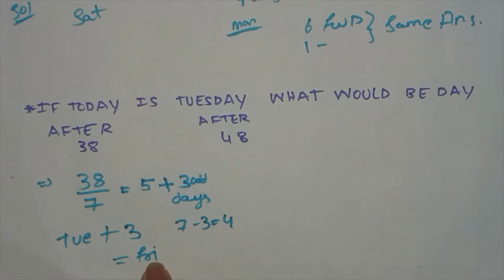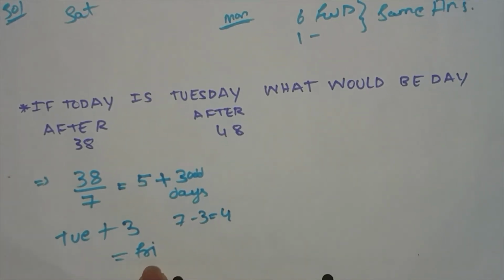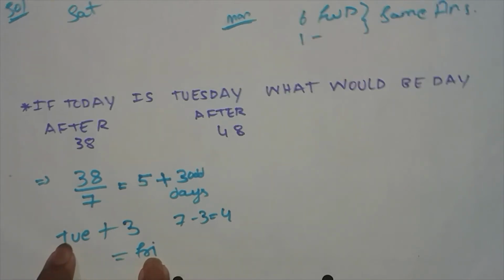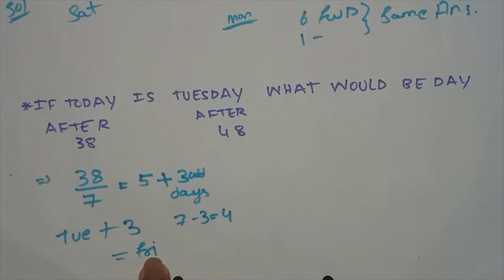Tuesday plus 3 gives Friday. Subtracting 4 from Tuesday gives Monday, Sunday, Saturday, and the fourth day is Friday. It is your wish: adding 3 forward or subtracting 4 backward gives the same answer, Friday.